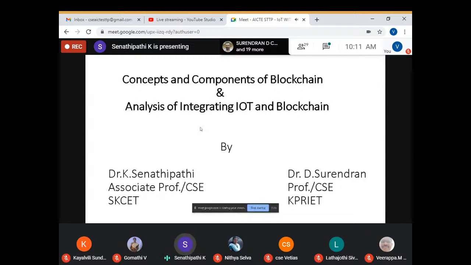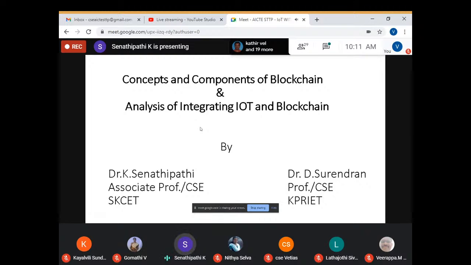So, what is blockchain technology? Blockchain technology is nothing but a chain of blocks which contains information about sender, receiver, and the number of bitcoins to be transferred. Each block has data and hash value of the current block and hash value of the previous block. And each block consists of zero or more transactions.